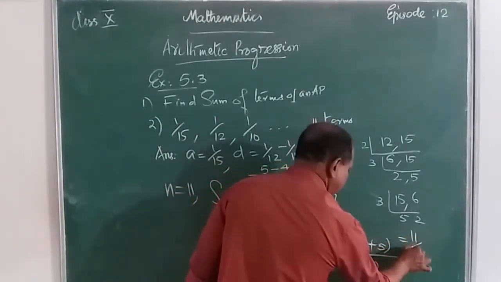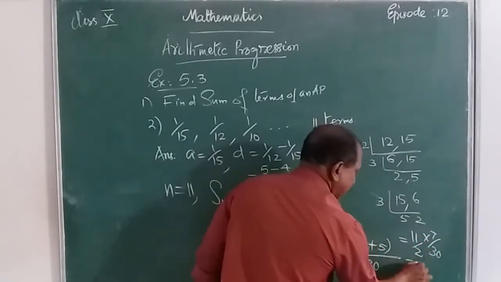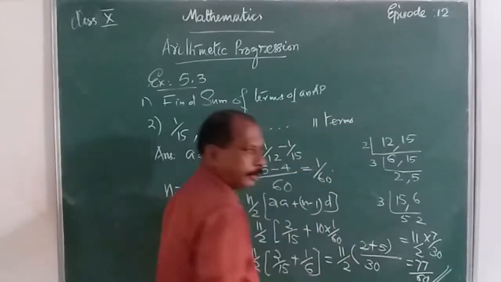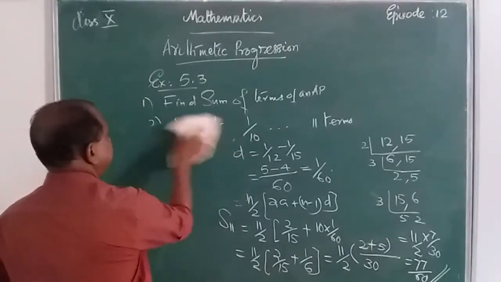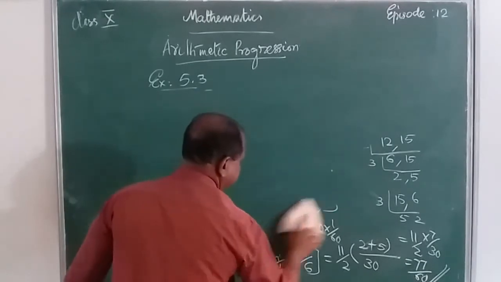That's equal to 11 by 2 into 5 plus 2, 7 by 3. That is equal to 77 by 60. That is the answer. Okay.